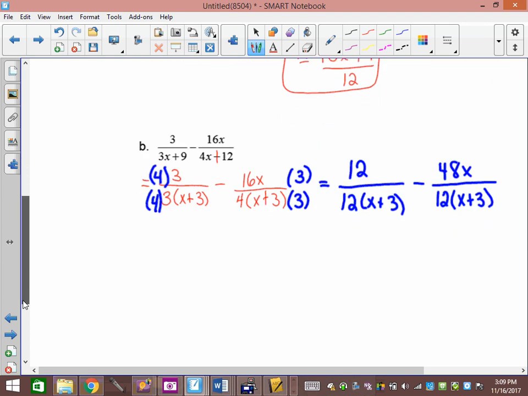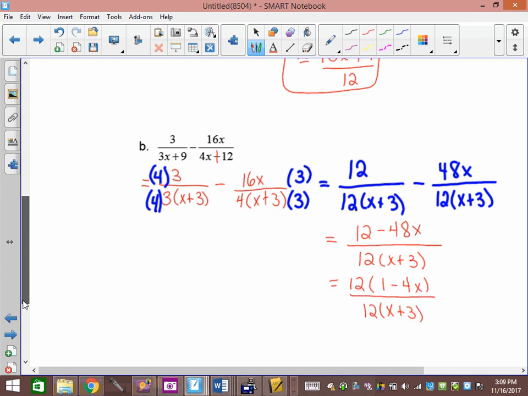And now we've got common denominators. So we're going to get 12 minus 48x over 12 times x plus 3. What could I do? Take out a 12. And I'm left with 1 minus 4x over 12 times x plus 3.